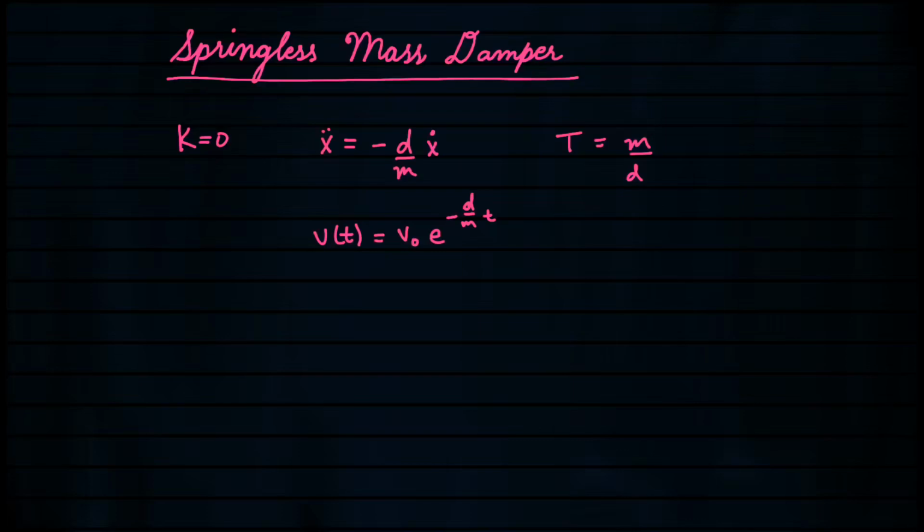And for the one we talked about before, I forgot to put it on the previous slide, that one is d over k. So we can kind of compare the two. And this one also, as you can imagine, will have an exponential decay. So if this is velocity on this axis and t on this axis, then we will have this exponential falloff.